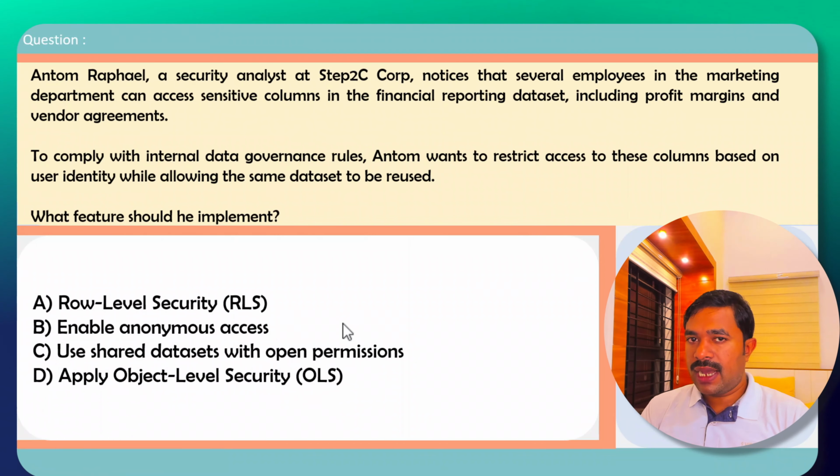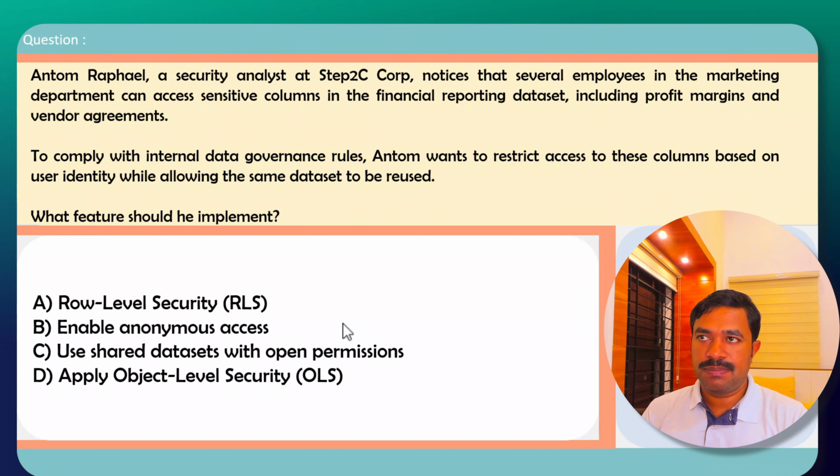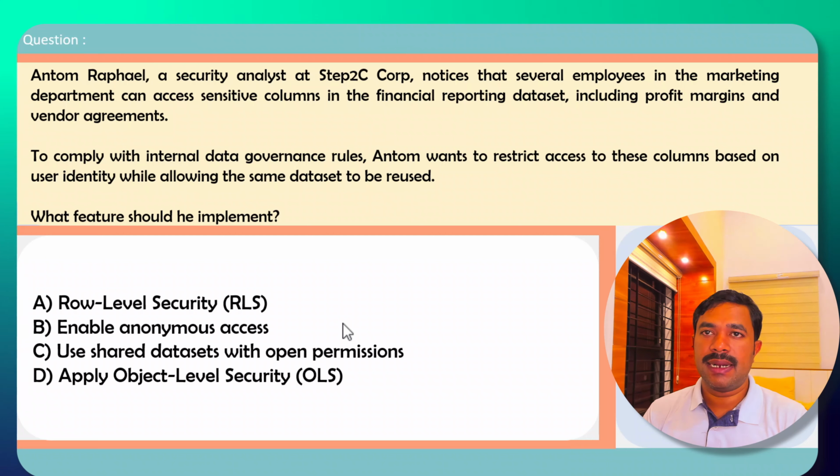Now this question is asking about data security. Andam Raphael, a security analyst at Step 2 C Corp, noticed that several employees in the marketing department can access sensitive columns in the financial reporting dataset, including profit margin and vendor agreement.